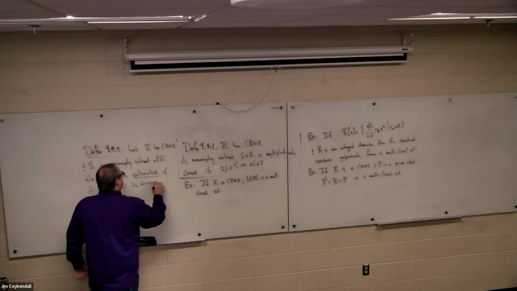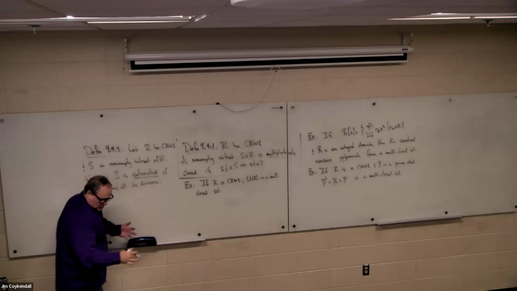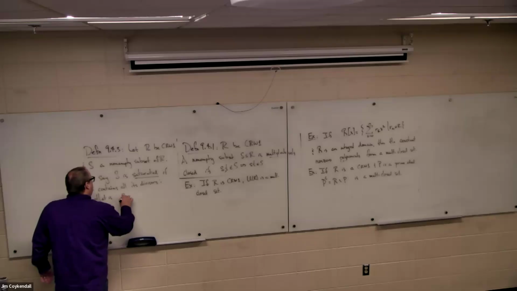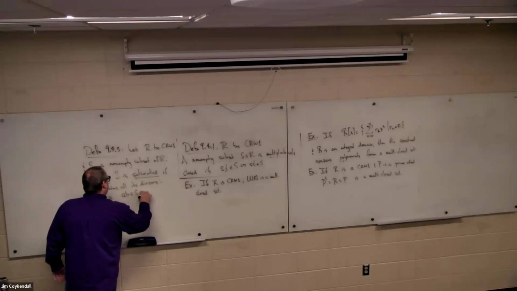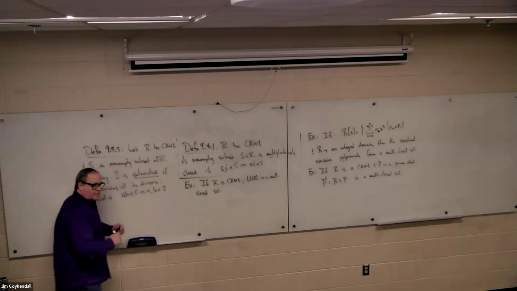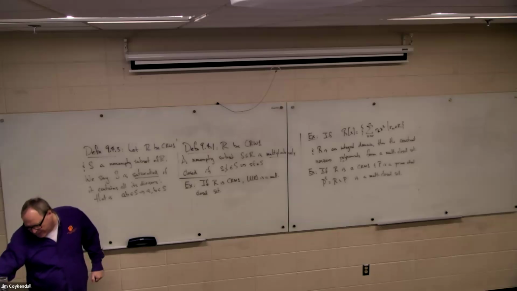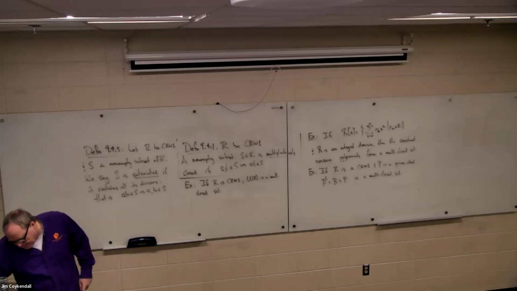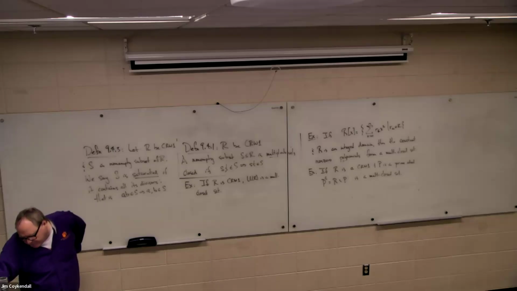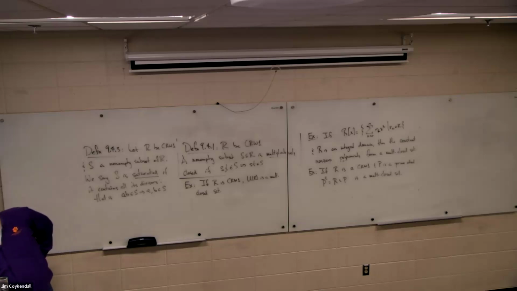Let me make this statement a little bit more precise. That is, ab in S implies that a and b are in S. So if the product of two things in the ring ends up in that set, then both of the things, a and b, that form the product have to be in the set. Okay. Any questions?